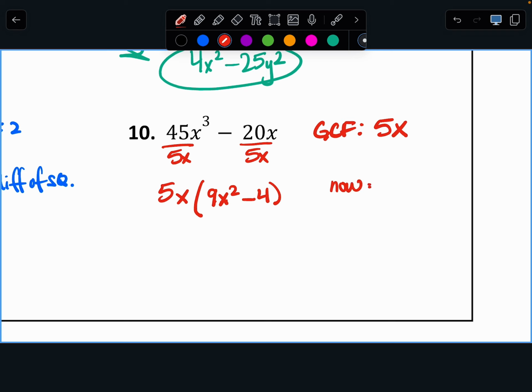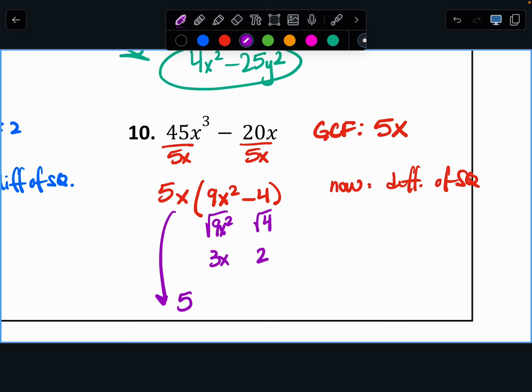Now, it's a difference of squares. So when I take the square root of 9x squared and the square root of 4, I get 3x and 2. We bring this down, so I have 5x, 3x minus 2, 3x plus 2.